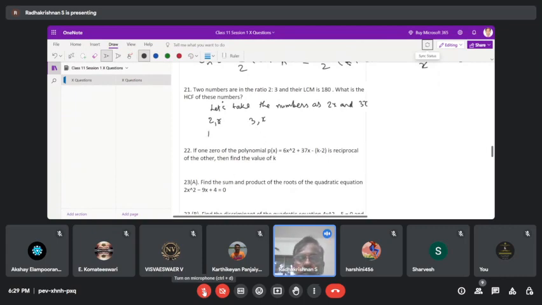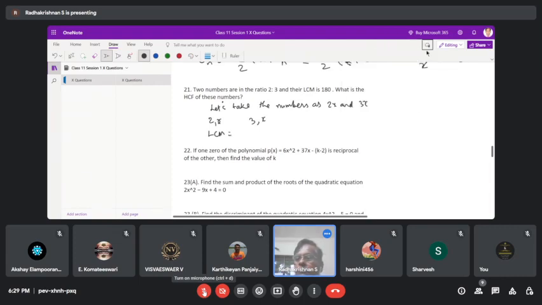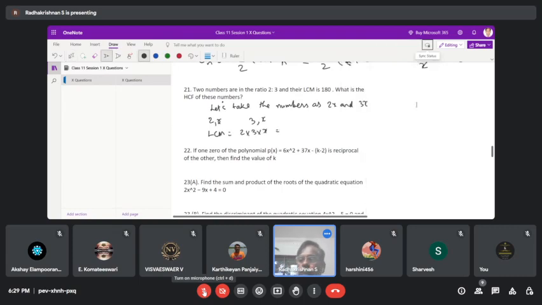So the LCM has to be, because x appears in both, we take it only once. So you divide by x, and what remains is 2 and 3. Because there are two other factors, the LCM is going to be 6x.